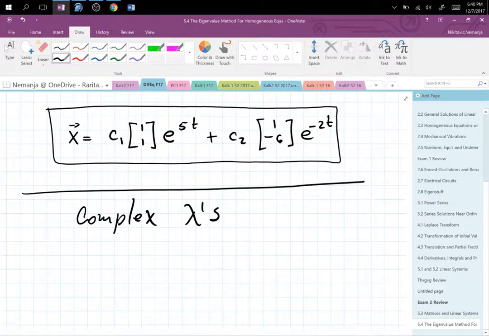All right, so complex lambdas. You can deal with complex lambdas the same way as we dealt with real lambdas, but then your answers will be in terms of e's, and those complex numbers will make their way into exponents of e, and you get the whole mess. And then you would have to figure out how to go from that form back into sine and cosine form, which is the real form.